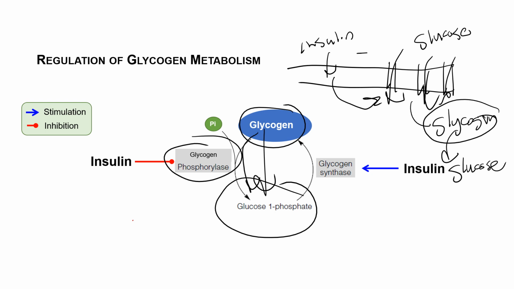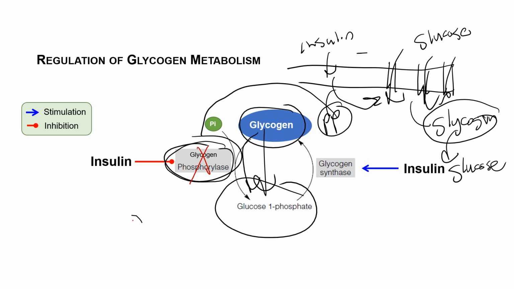and be stored as glycogen. So what protein phosphatase does, activated by the insulin pathway, is it comes over and dephosphorylates glycogen phosphorylase, making glycogen phosphorylase less active.